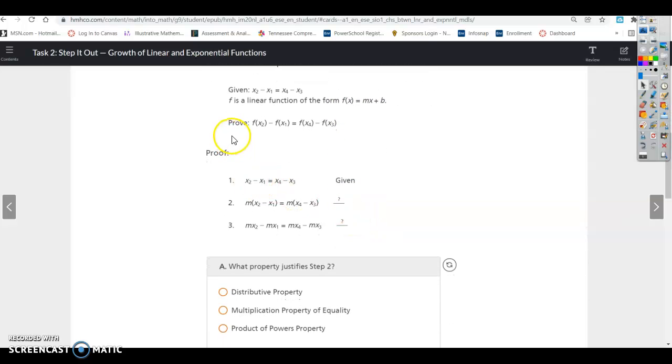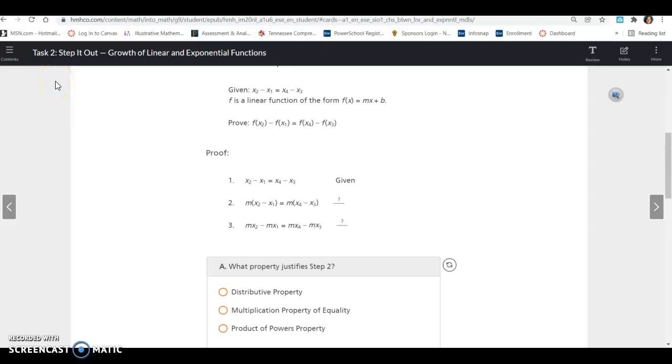All right, so it says prove that f of x2 minus f of x1 equals f of x4 minus f of x3. So we've got x2 minus x1 equals x4 minus x3, and we want to prove y minus y equals y minus y. Okay, so let's look at the proof.